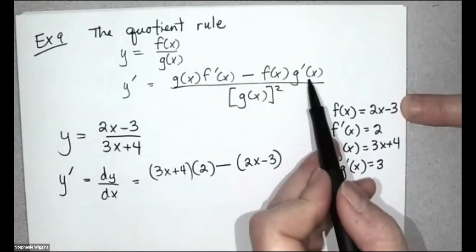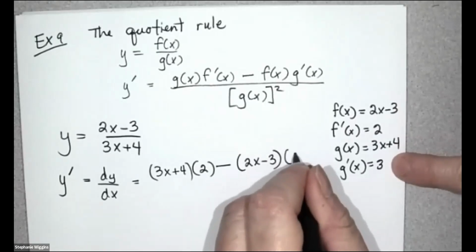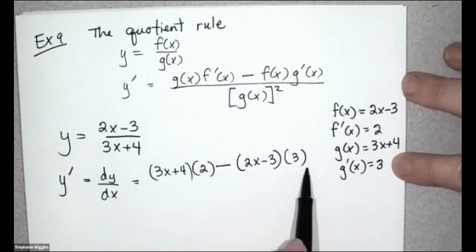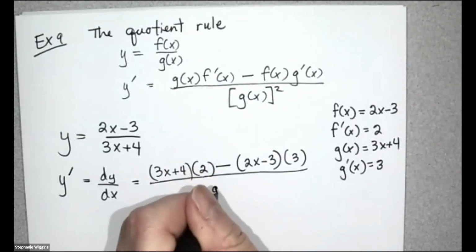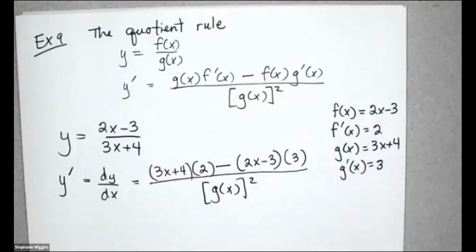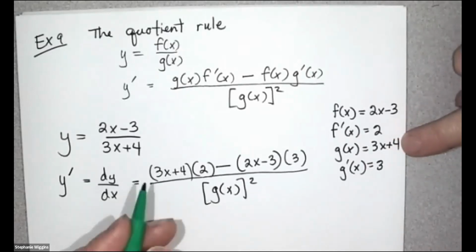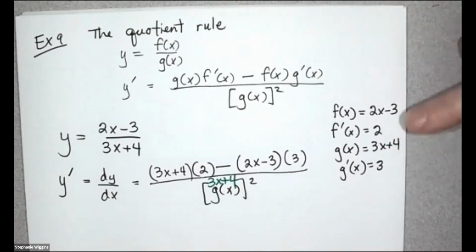And I multiply that by g prime of x, which is 3. Before I'm done, I have to take the entire numerator there and divide it by g of x squared. Oops, I was supposed to plug g of x in. Sorry, I meant to do that. g of x is 3x plus 4. And then we square that.